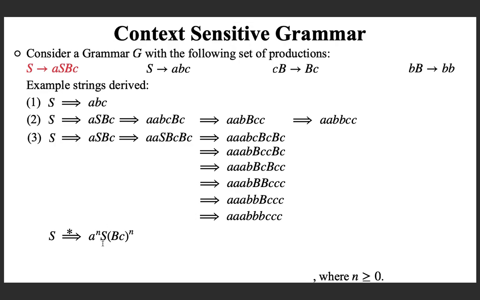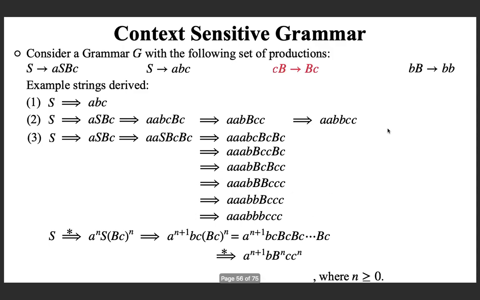Now to get rid of this capital S, there is no other way than using the second production. So you apply production number 2 here. So capital S here will be replaced by small abc. So that a is taken along with this a^n to get a raised to n plus 1. So this is what you are getting. You expand this (BC) raised to n. So BC n times.